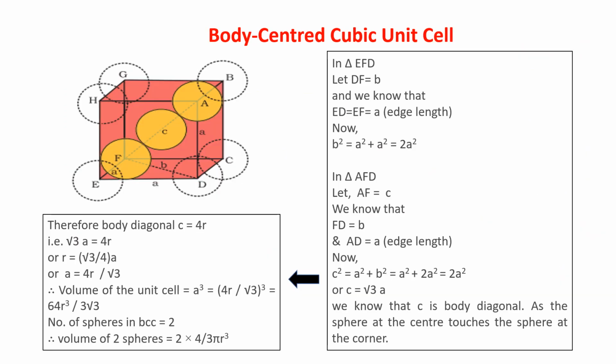Now, to calculate the packing efficiency or packing fraction for a body-centered cubic unit cell, see the figure. It's a cube. Since it is body-centered, there are atoms at the corners, and I'm showing just two corners, two atoms, F and A. In all, 8 corners have 8 atoms, but I'm showing only two. And body-centered means at the center of the body there is also one sphere, one atom.